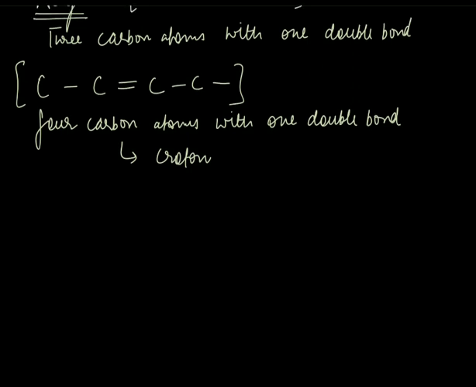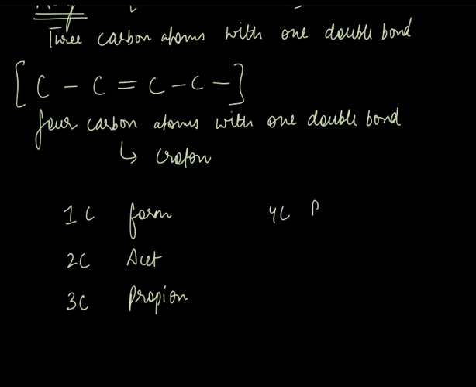So we know that if one carbon atom is there, then we use the prefix in the common form. 2 carbon if we have acid, 3 carbon if we have propion, 4 carbon if we have butyr. Butyric acid is also there, if you can relate. 5 carbon is valer.